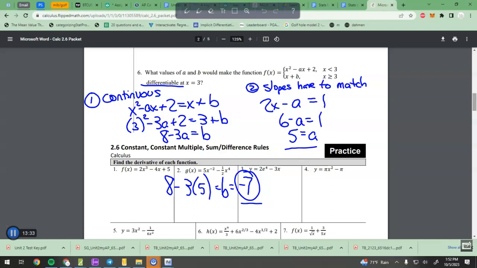So it's a two-part problem. Continuous we've done. We're just throwing in the mix with differentiability right now. One equation is not going to be enough to get it done, so I've got to do the slopes also. Between the two of them, you should have enough information to find a and b. Any questions? Should I go over that?